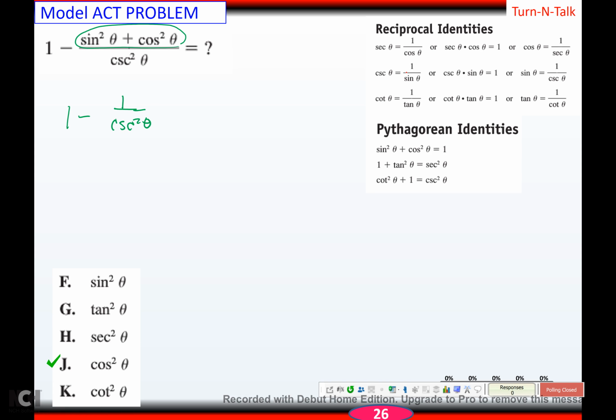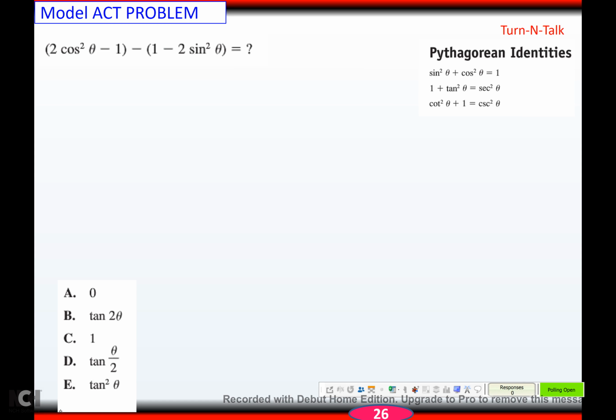Well, if you have 1 over cosecant, you have sine. So 1 over cosecant squared is sine squared theta. And then I have 1 minus sine squared. 1 minus sine squared is cosine squared theta. Okay?